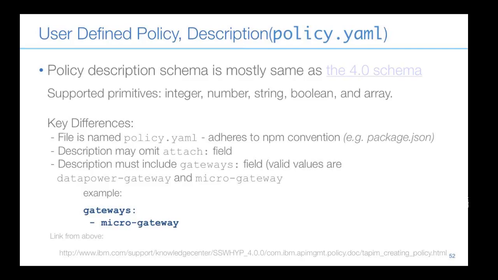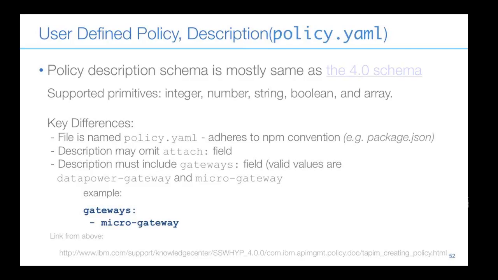And also you must include a gateways field in your policy.yaml. I've given an example of this, gateways, micro gateway. You see here where it says gateways and there's a dash micro gateway. That's a representation of, I think they call it a scalar, but it's basically an array. And so you could have micro gateway and DataPower gateway, so you can have one policy that supports both.